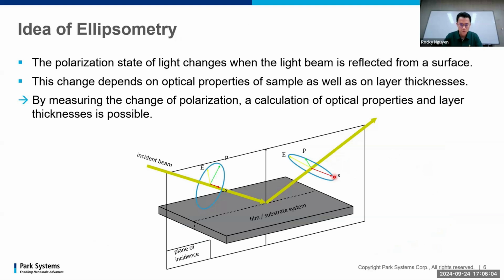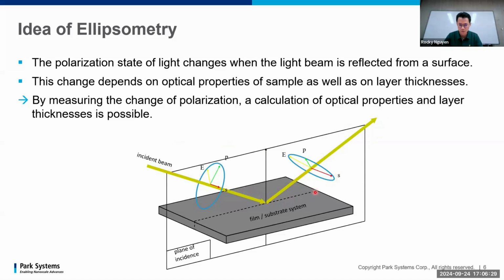So let's talk about some basic principles of ellipsometry. In an ellipsometry measurement, the polarization state of the light changes when the beam hits the sample surface and is reflected. And this change in polarization depends on the optical properties and the thickness of the sample.